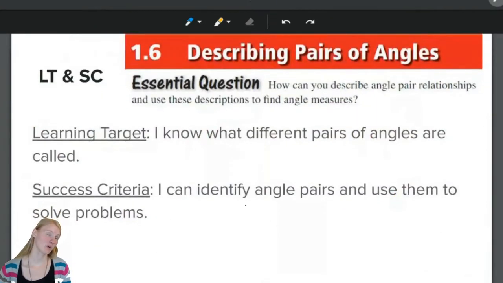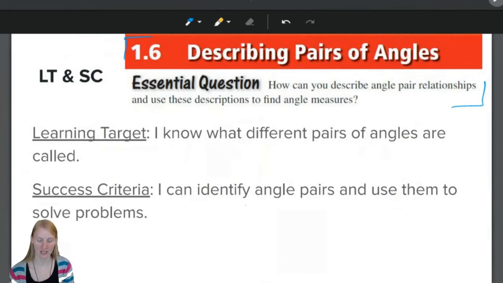Today, we will be talking about section 1.6. This is about pairs of angles. So 1.5 was all about introducing you to angles. Now we're going to talk about how angles can interact with each other and some of the pairs of angles. There are many special pairs of angles in mathematics.